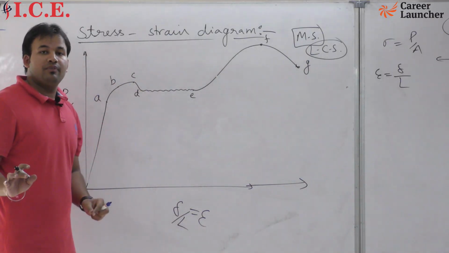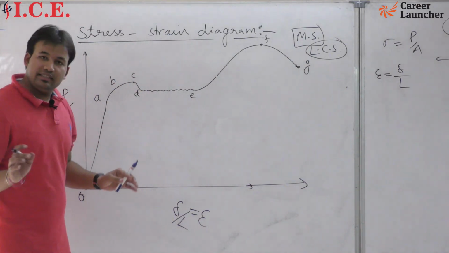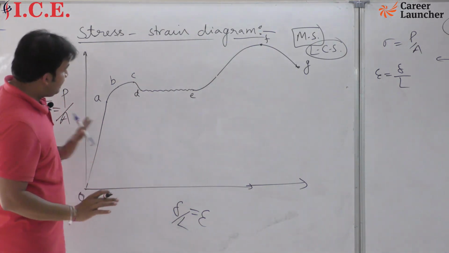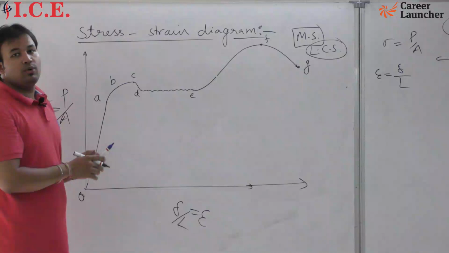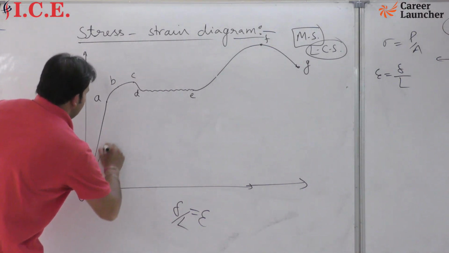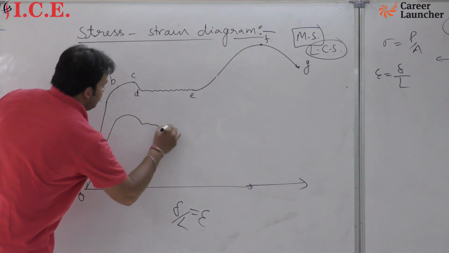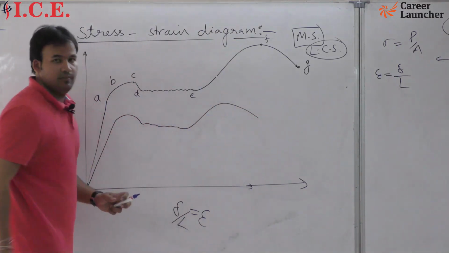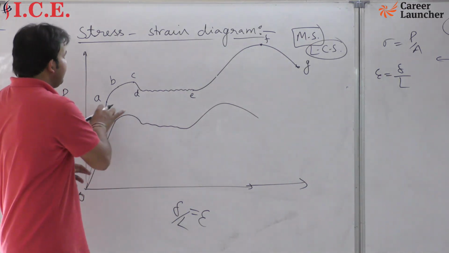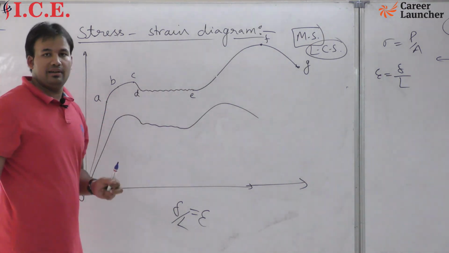But you know, if you divide anything, then definitely that quantity will reduce. So as you divide, your diagram won't remain like this. Your diagram will be like that. Your diagram will become somewhat smaller. Are you getting me? But for explanation, I am considering this as a stress versus strain diagram.